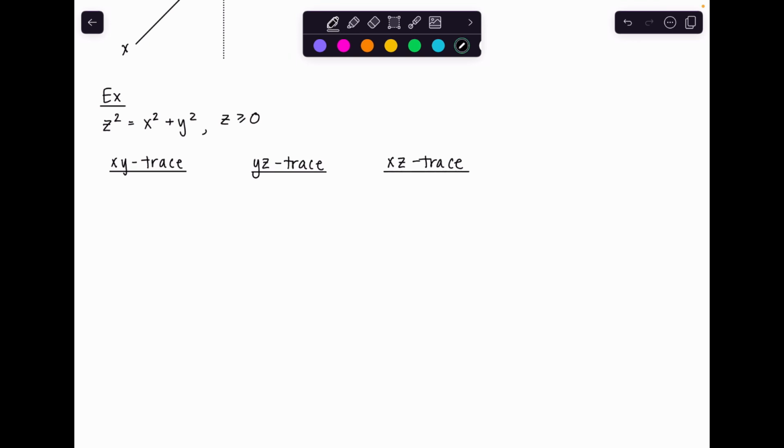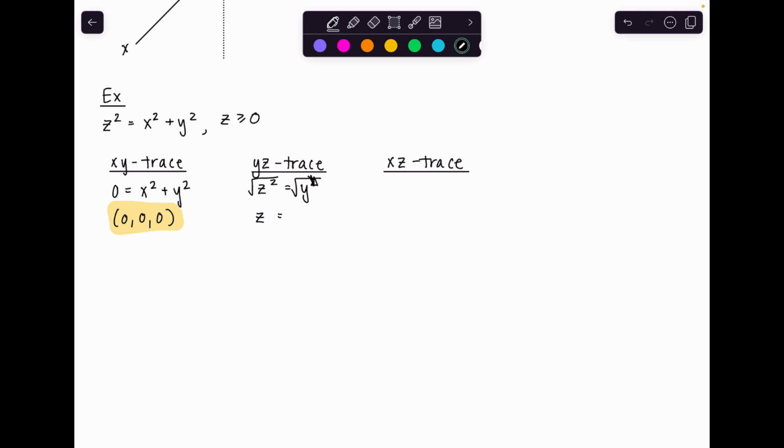Okay, so if we start with the xy trace, again, we get 0 equals x squared plus y squared. So this is boring because it is a single point. That tells me I'm going to need to pick a different z value to get a trace. If I do the yz, that gives me z squared is equal to y squared. Now that shape I don't know. However, if I take the square root, remember because you take a square root, you technically get plus or minus.